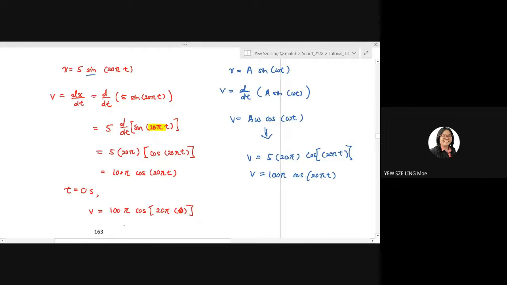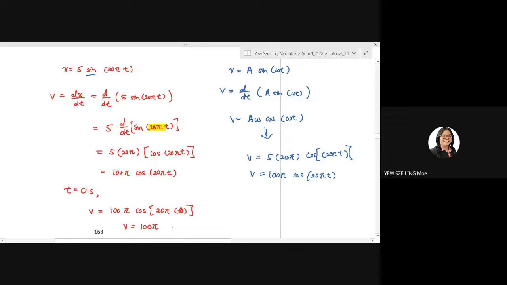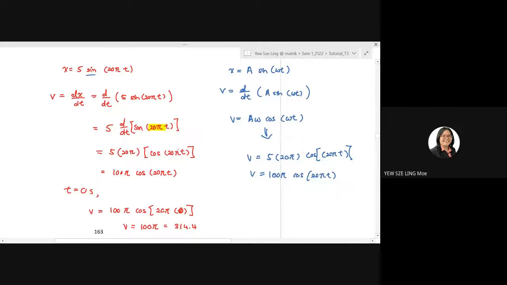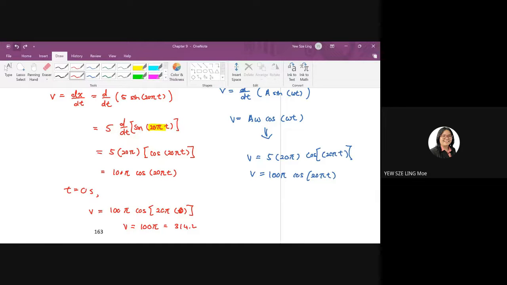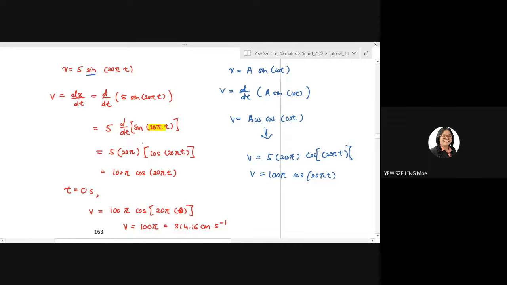Cos 0 gives you 1, therefore v equals 100 pi. And 100 pi equals 314.16, in cm s^-1.